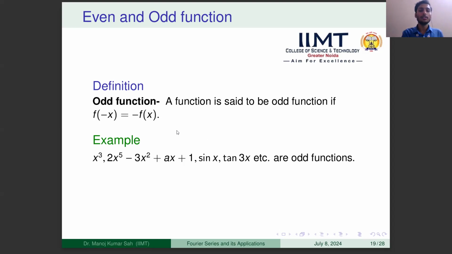For example, f of x equal to x, f of x equal to x cubed, f of x equal to 2x to the power 5 minus 3x squared plus ax plus 1, sin x, tan 3x are the examples of odd functions. Now here we will discuss the product of two odd functions is an even function. The product of even and odd function is odd function, and the product of two even functions is an even function.